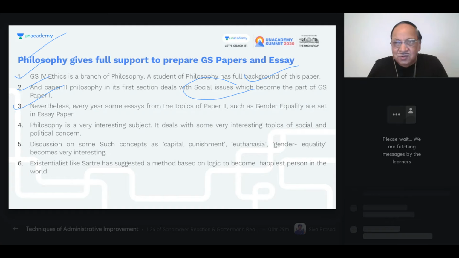And who can do that? Only a person who has lived in the subject. I'm not comparing anybody, I'm just telling what I am. I lived in philosophy. I was a university professor and head, and got special training at IIT Kanpur. I'm a gold medalist, just telling you.